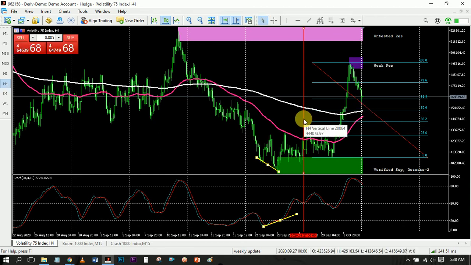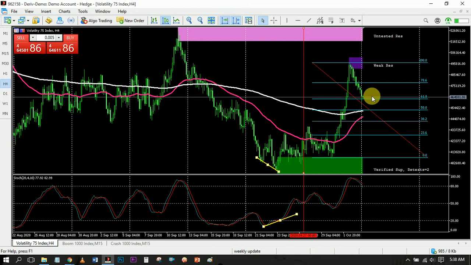Alright, so now for this new week, what we're going to be expecting is quite simple. Let's say that the market has retraced to the 61.8 level, so there's a very high probability that it might continue the uptrend from this level.